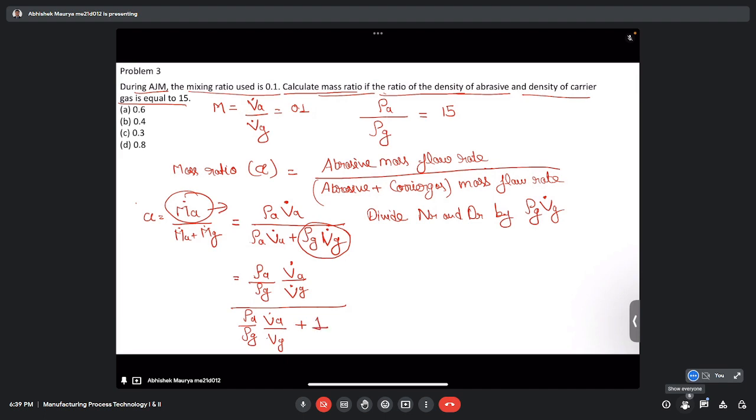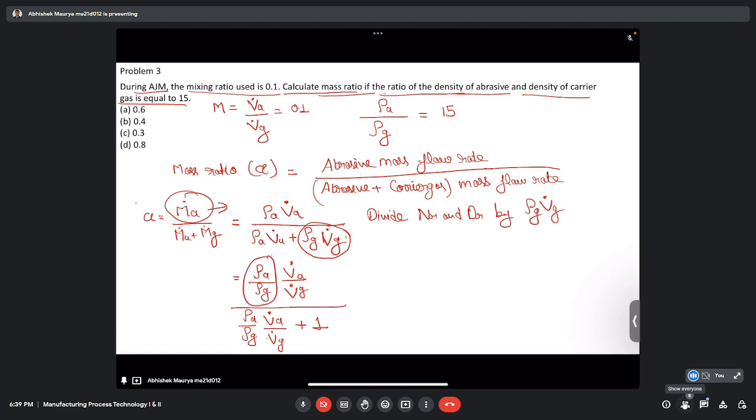Is it correct here? Yes. Okay, so we divided the numerator and denominator by this term, and we got this quantity. Now, does it look like something known? Yes.